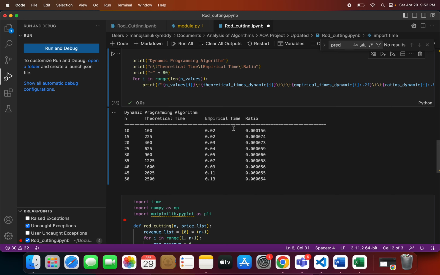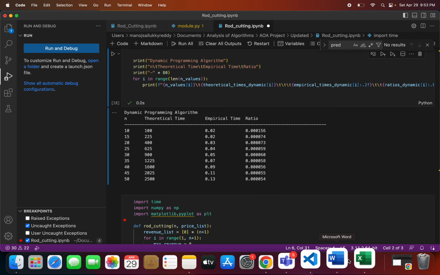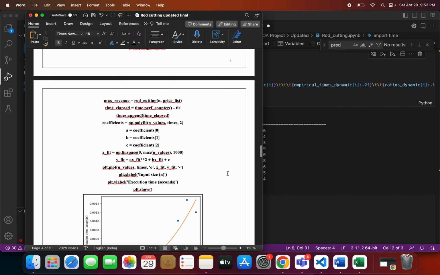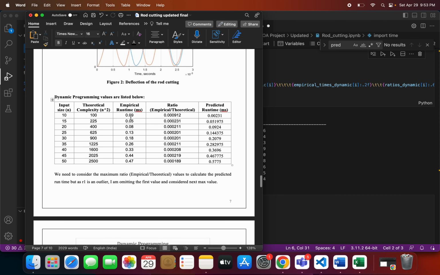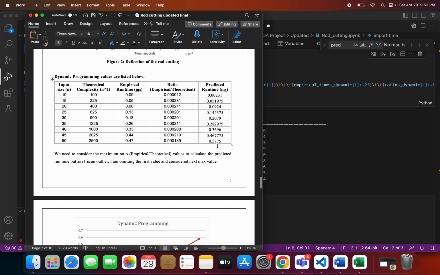In order to find the predicted time, the same formula can be applied. That is, we multiply the ratio with the theoretical complexity, and we'll be getting the predicted runtimes.